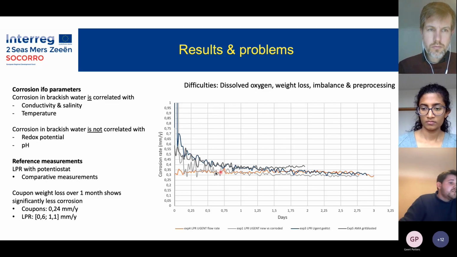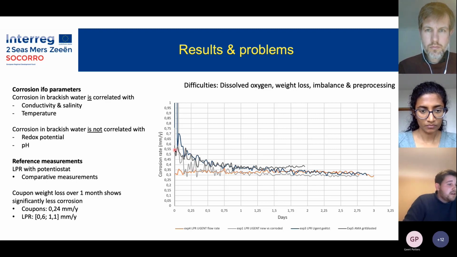And as you can see, for this solution, you measure different corrosion rates, which is especially true for the first day. You can see that there's a stabilization needed for the corrosion rate, as is usual in corrosion measurements, that you would let the open circuit potential stabilize over the course of a few hours.